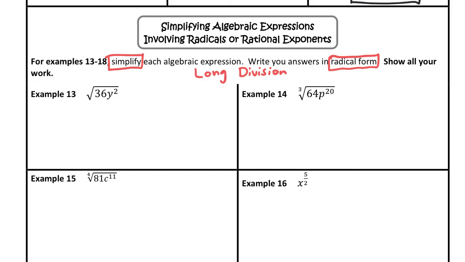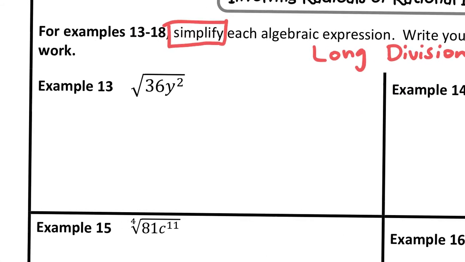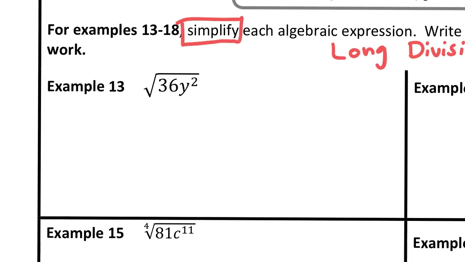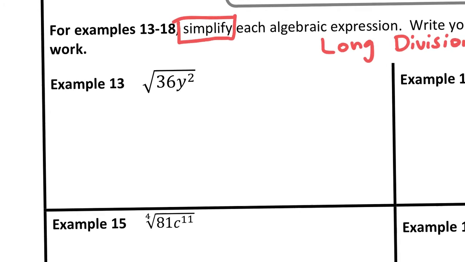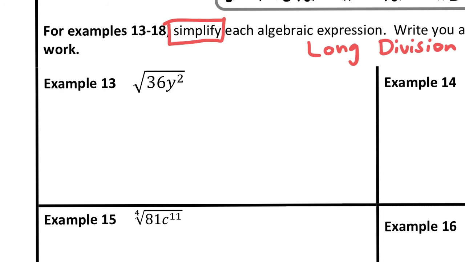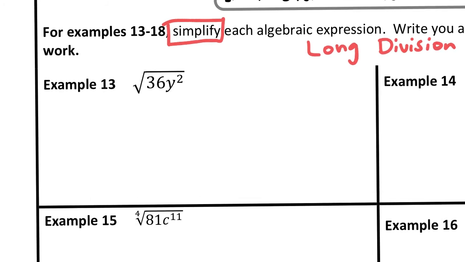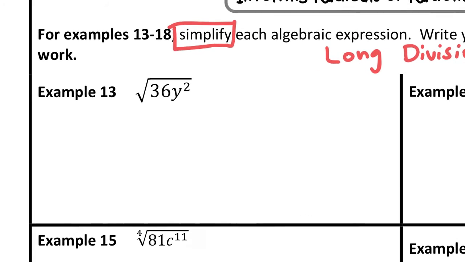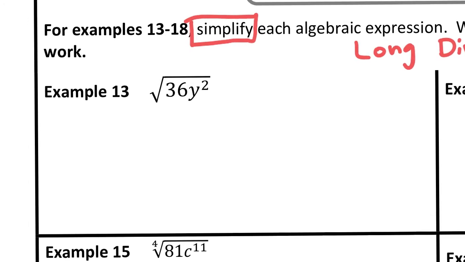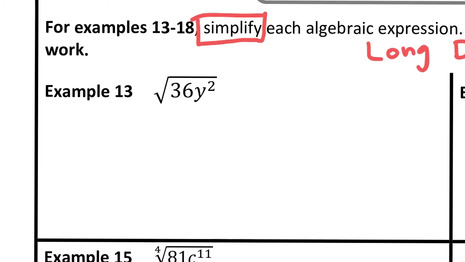So for this one, I'm going to kind of zoom in to each example so that we can kind of have space to work out things. So let me make sure I'm using all the space there. Okay, so that's a good amount, I guess. So we can do that. Okay.